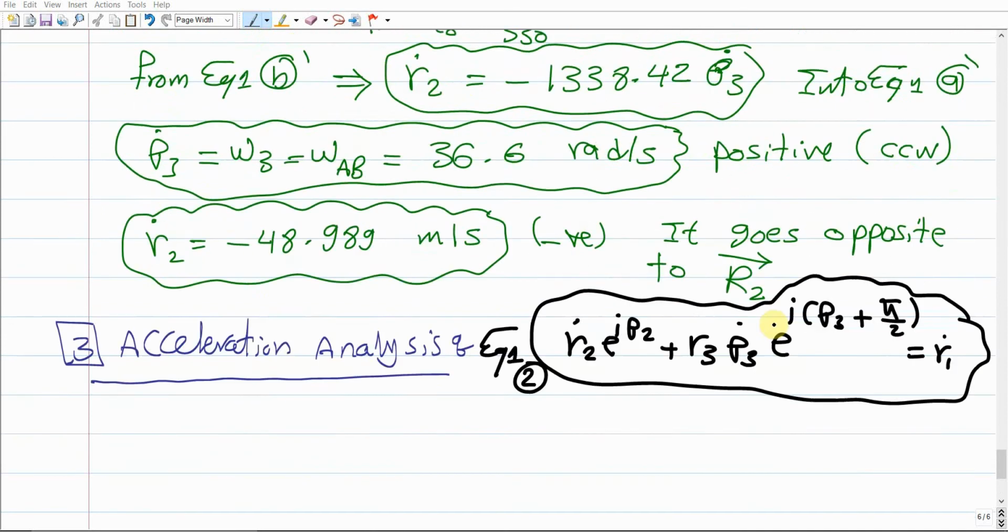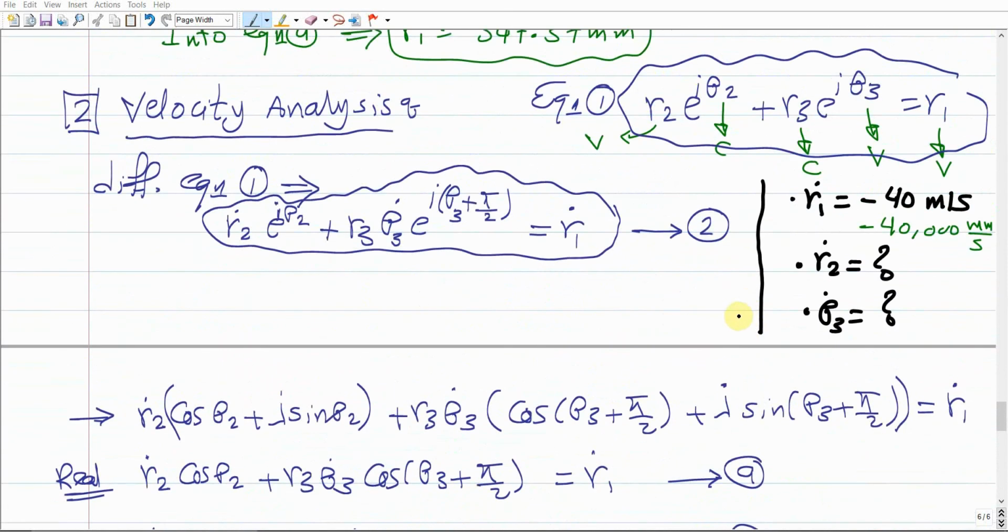So for example, going back to the velocity analysis, we do have three variables that include dot, right? Which one of these parameters, r1 dot, r2 dot, theta 3 dot, would be constant or variable? Whether r dot is constant or variable does not depend on whether r1 itself is constant or variable.